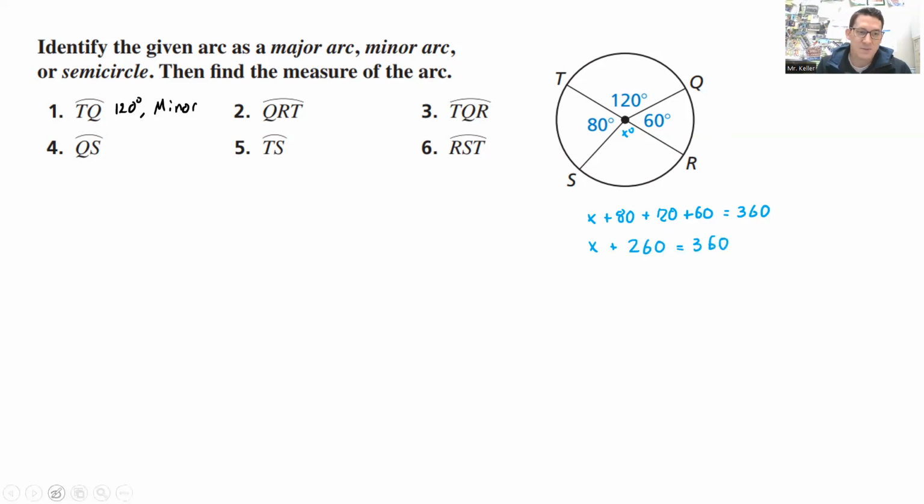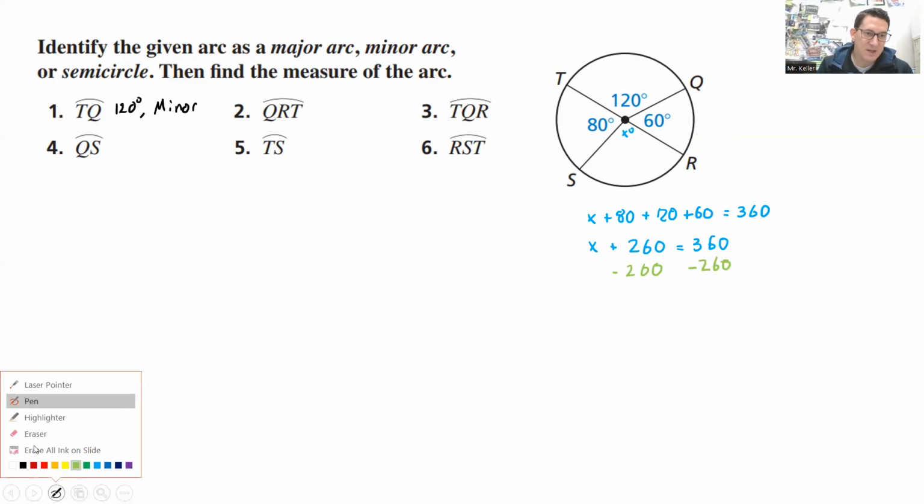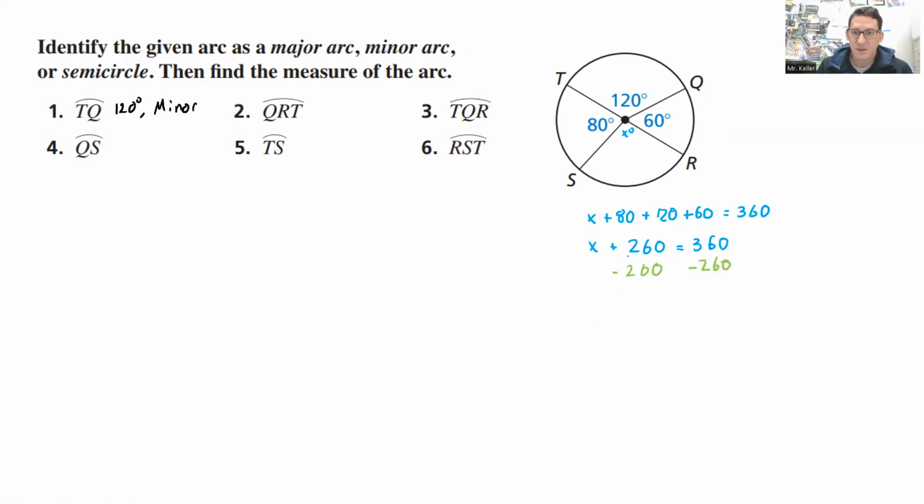And then subtract 260 from both sides. So that missing angle in there is 100 degrees. So this cancels out. You get X is equal to 100 degrees. So again, all the angles inside of a circle should add up to 360.